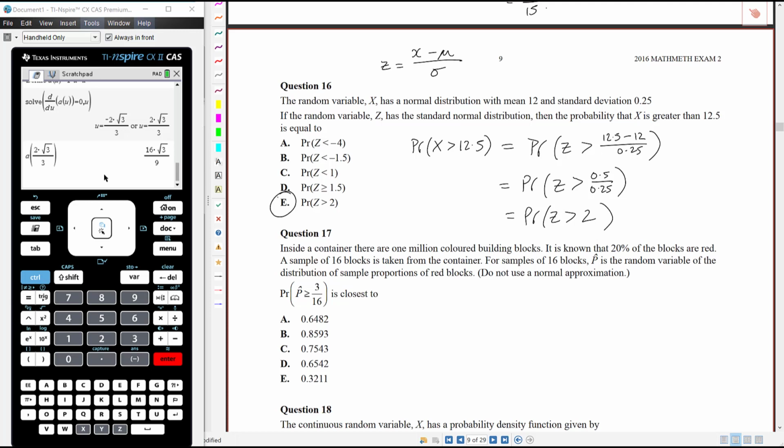Now, if you actually think about what z-scores mean, that can be a more efficient method here. A z-score tells you how many standard deviations away from the mean you are. So this is saying that a score of 12.5 is 2 standard deviations above the mean. If you thought a bit about the numbers here, you could have worked that out. An x value of 12.5 is 2 standard deviations higher than the mean, and so it will equate to a z-score of 2.